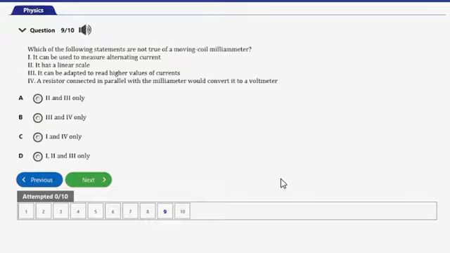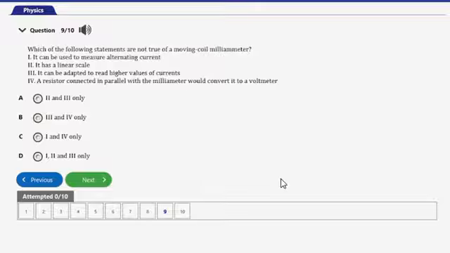IV, a resistor connected in parallel with the milliammeter will convert it to voltmeter. So guys, here we are looking for the options that are not true for the moving coil milliammeter.